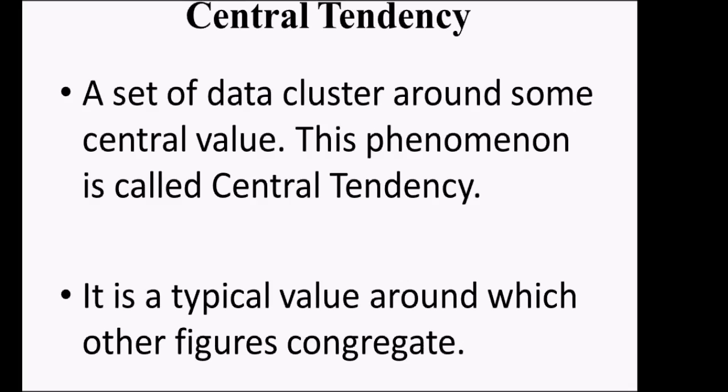So what are the common central tendency values we have? Well, the most common central tendency value is the arithmetic mean. You're well aware of arithmetic mean, or simply called mean, which in our common terms we know as the average of data.